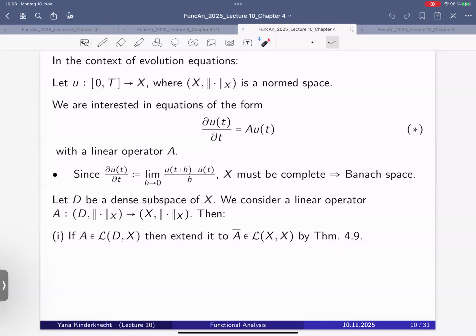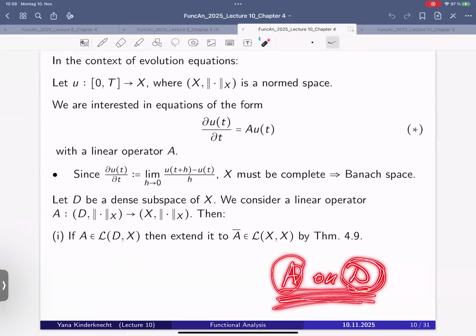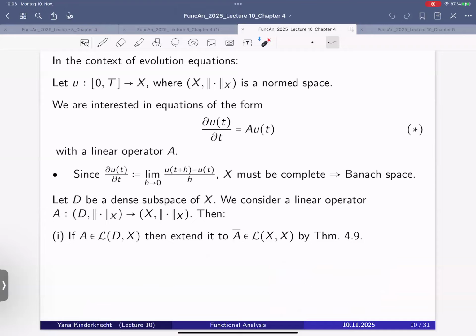It's sometimes very convenient to define some operators on a dense subspace if we consider a space of some functions. Then we may consider a dense subspace of nice functions, such that when we define the operator on D, we may write down an explicit formula for how A acts on good elements which belong to this subspace D. And then using this theorem, we may extend this operator to the whole space.